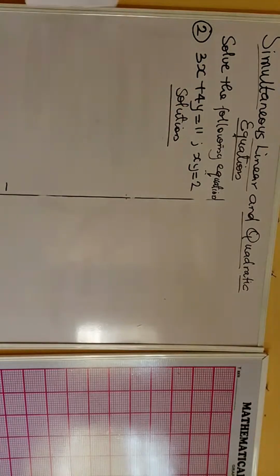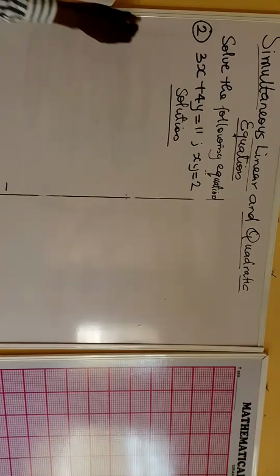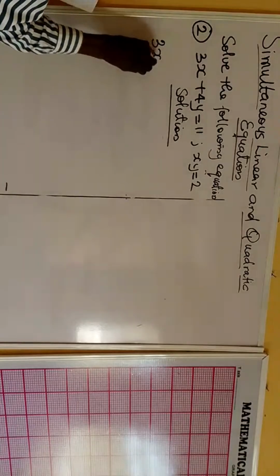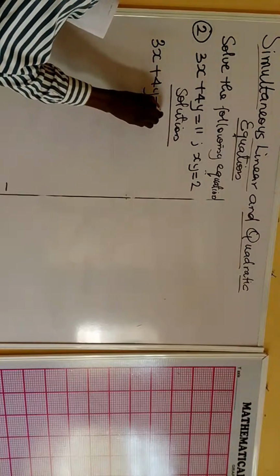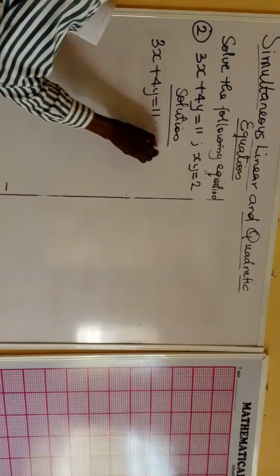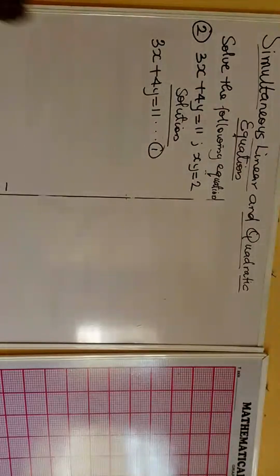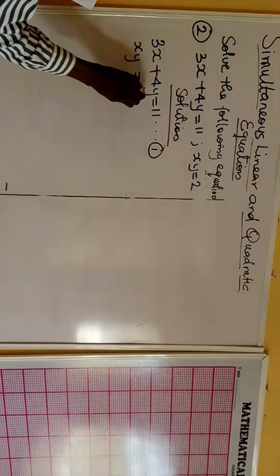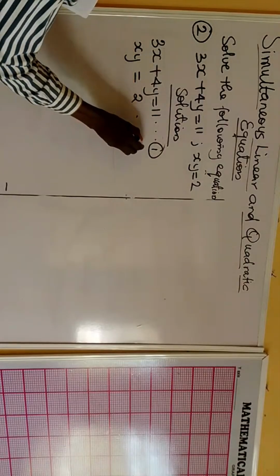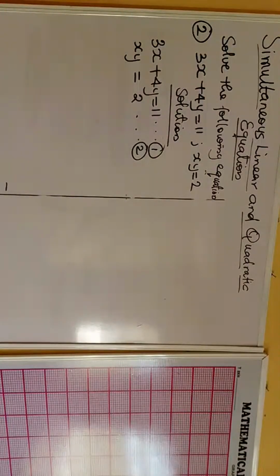Right, that's 3x plus 4y is equal to 11, equation 1. Now, then xy is equal to 2, equation 2. So you can either form equation 3 from equation 1 or from equation 2.